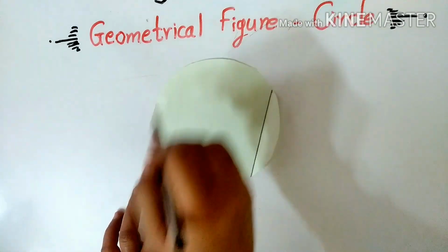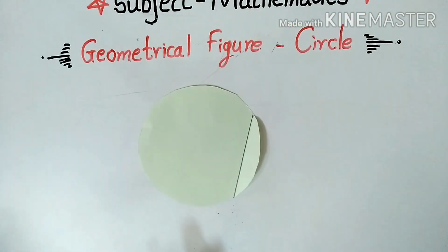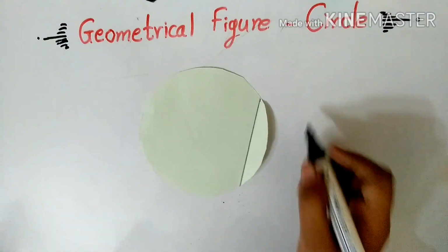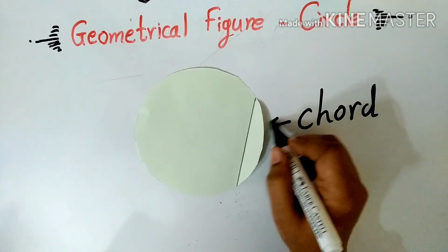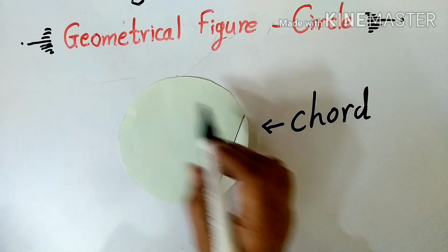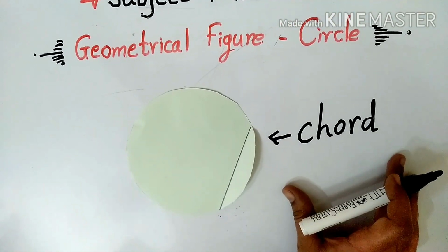You can see this is a circle and this line in the circle is called chord. This line of the circle is called chord. This is a part of the circle.